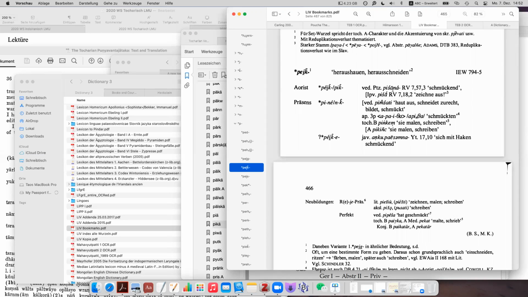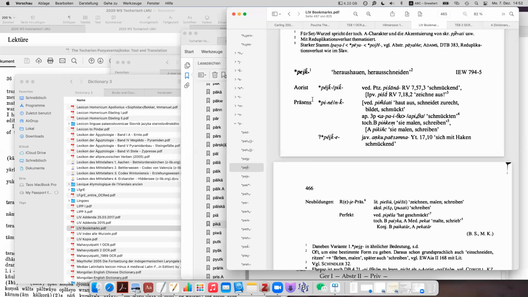In Sanskrit, it means schneiden, and then zeichnen, auszeichnen, right? And in Tocharian it means paint, malen, sometimes also schreiben. So this is actually this root.